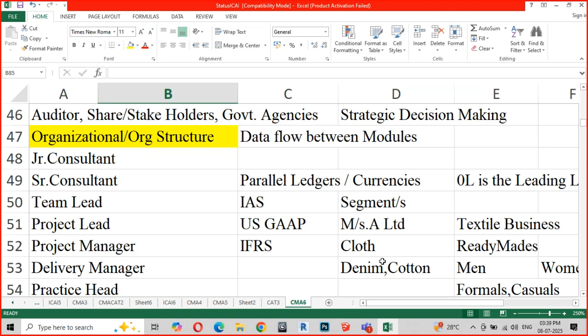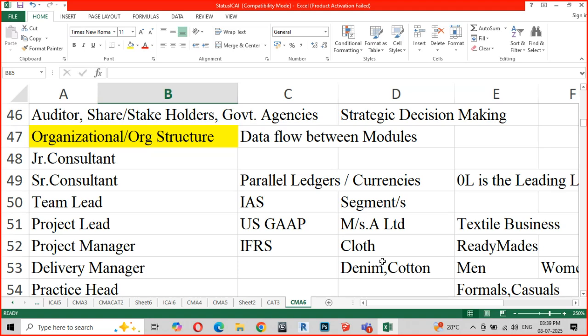Tomorrow, I may expand my business to various countries. So how do I fulfill the accounting requirement or the legal requirement of that particular country?